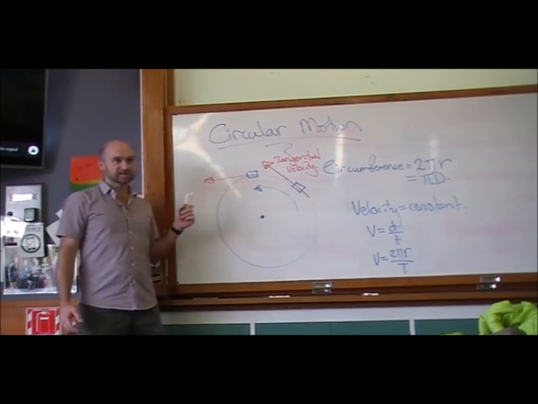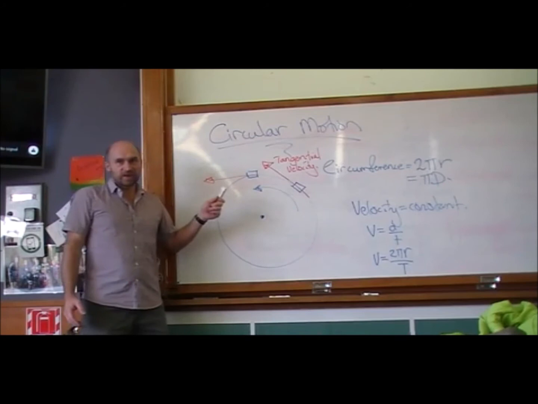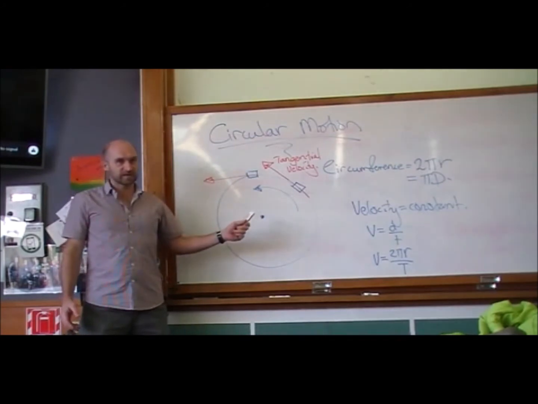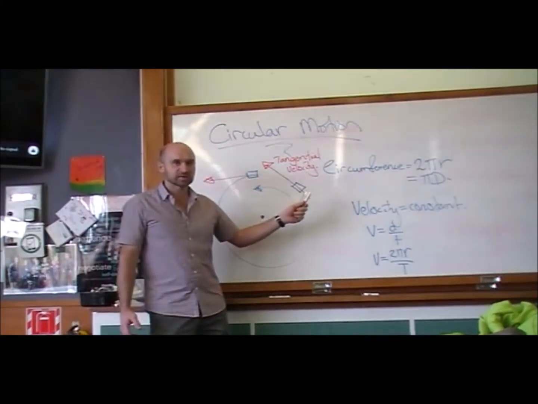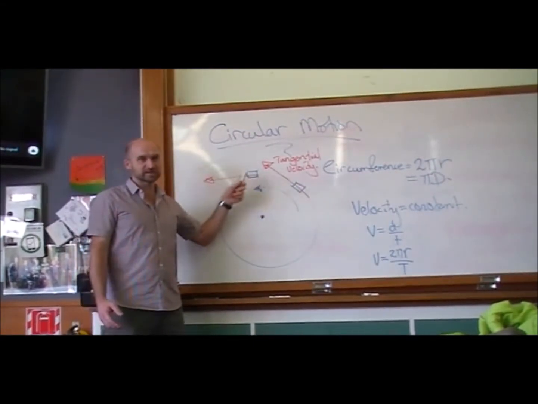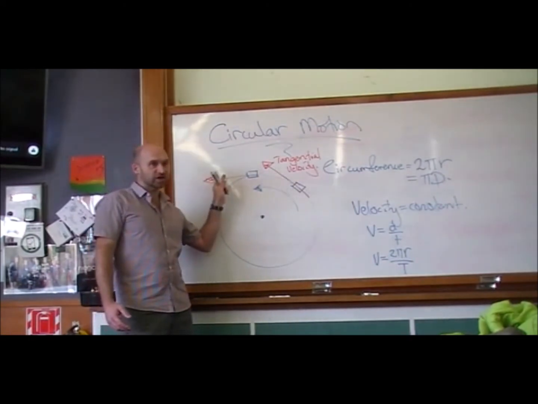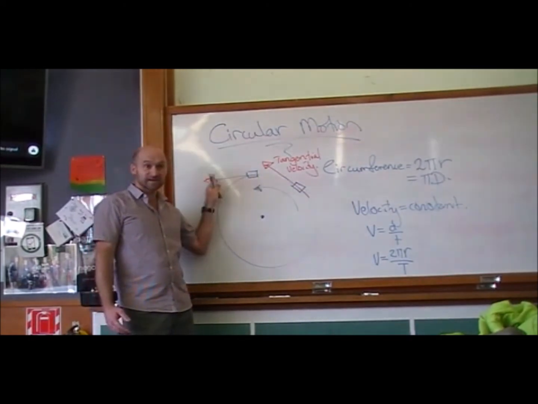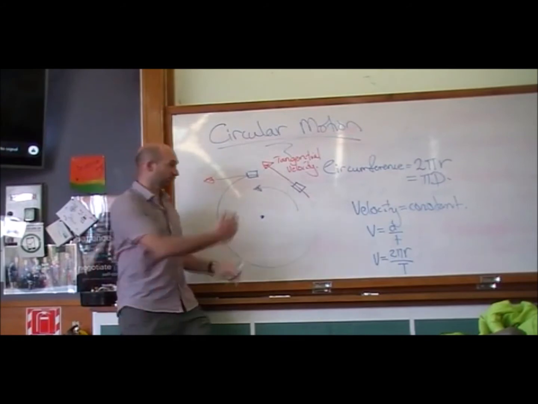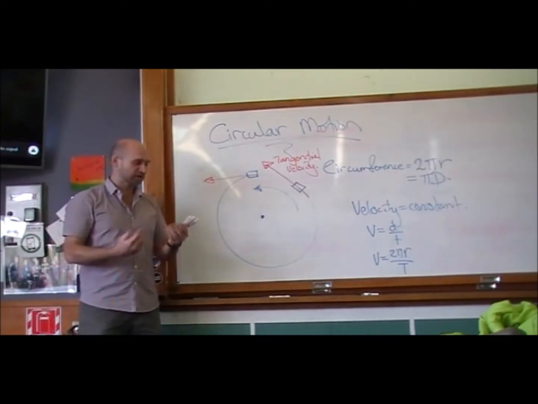And so the acceleration in circular motion causes a change in the direction of the velocity, but not the size of it. So we've got constant speed, constant magnitude of the velocity. It's moving at the same speed, but because the direction it's pointing is changing, the velocity is not the same. That velocity's changed from pointing that way to pointing that way. That means there must be acceleration.